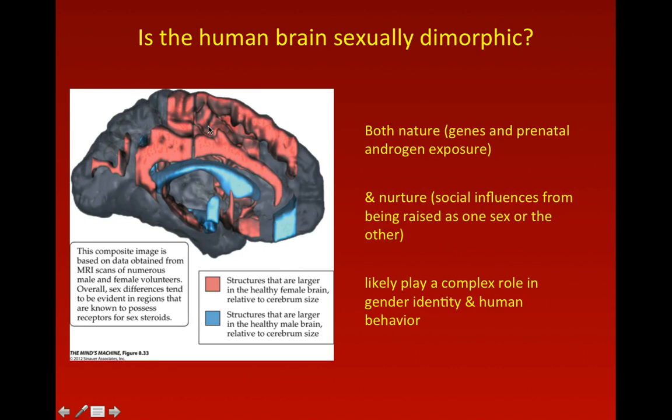They don't tell us anything about function. They don't tell us anything about whether there is a female or a male brain. And based on behaviors that we see, what the evidence would bear out is that both nature and nurture are having influences on brain function, and that the size of these areas is not the relevant variable.